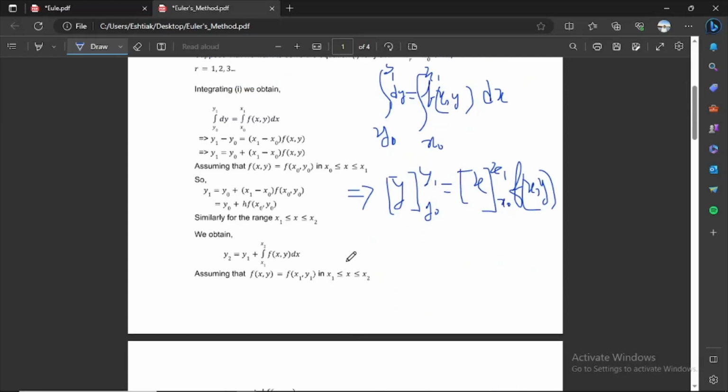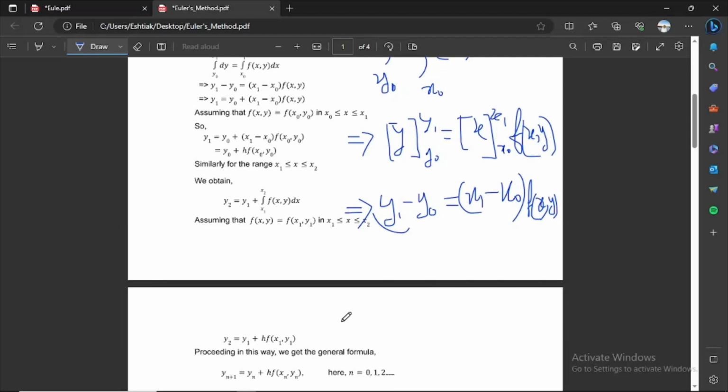If we go one step further, then we will find our first approximated value here. y1 is our aim. We are aiming to find the value of y1, so that we can build a better approximation. Then y1 minus y0 equals x1 minus x0 times the function of xy, which is our equation.